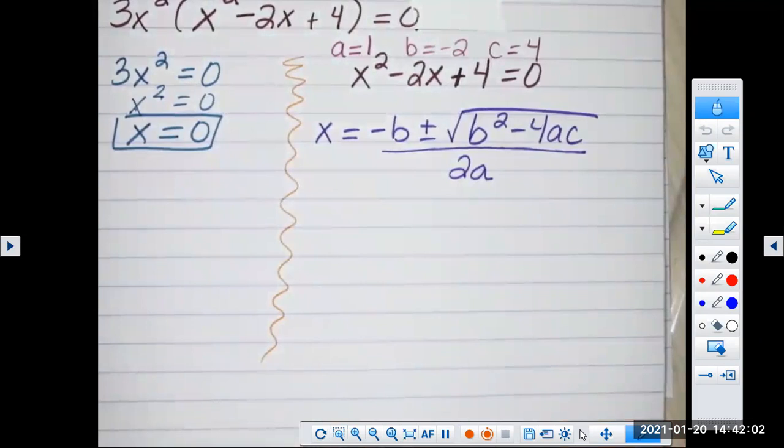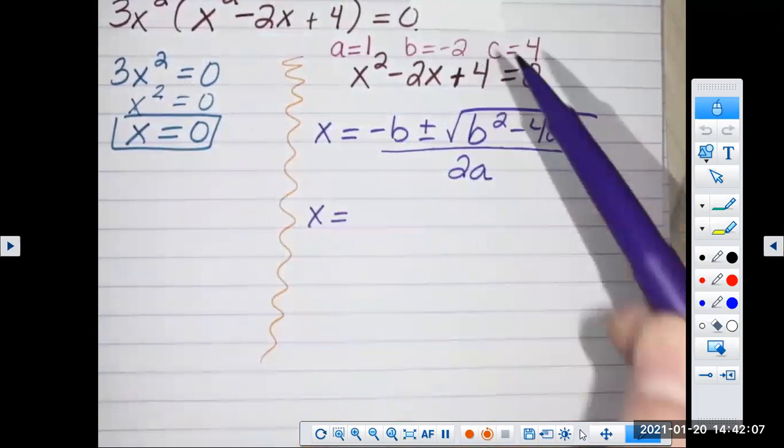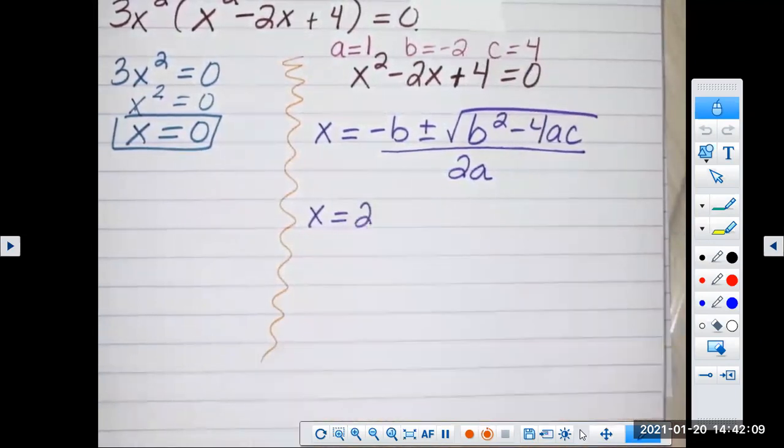So let's go through and plug in. B is -2, but when you plug in here, it becomes +2.